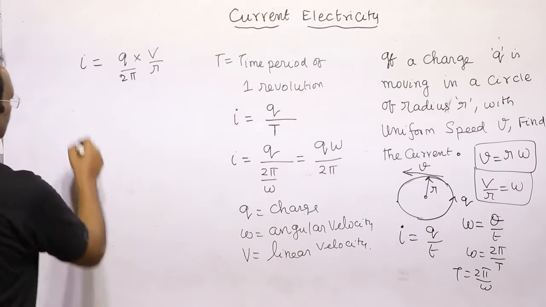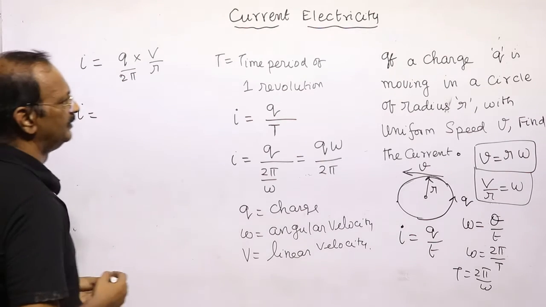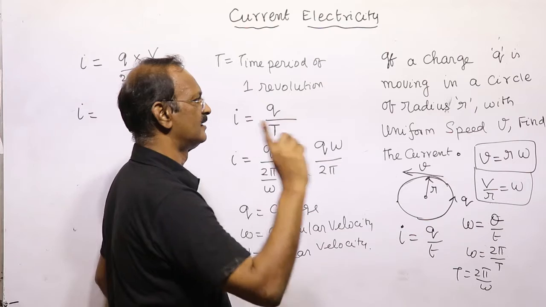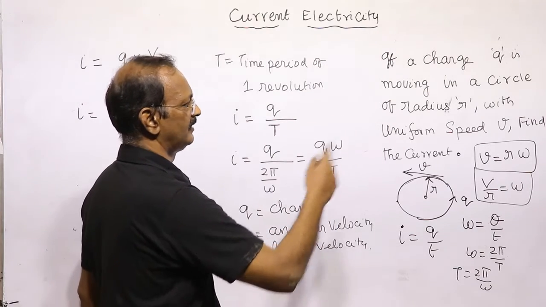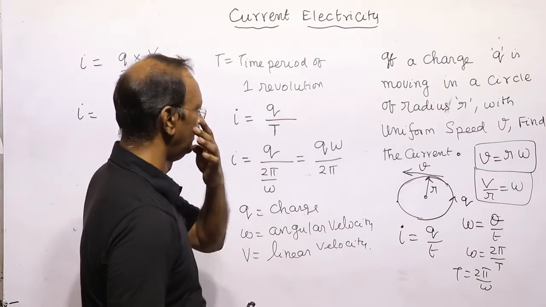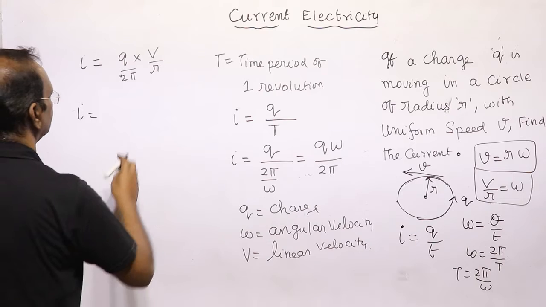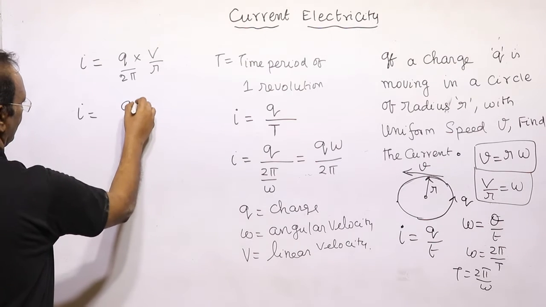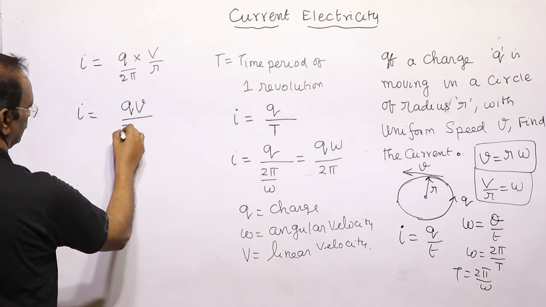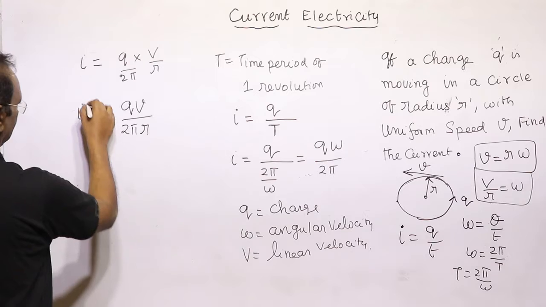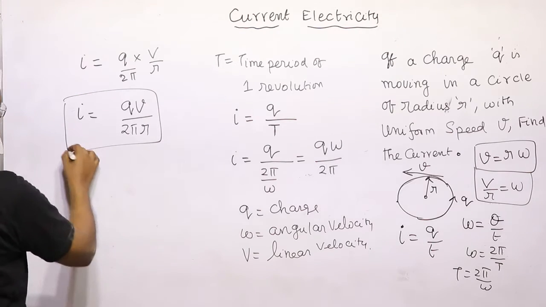Therefore, the current produced when a charge moves in a circle of radius r with uniform speed v is equal to qv by 2 pi r. This is the expression.